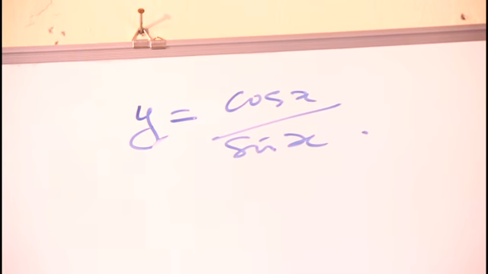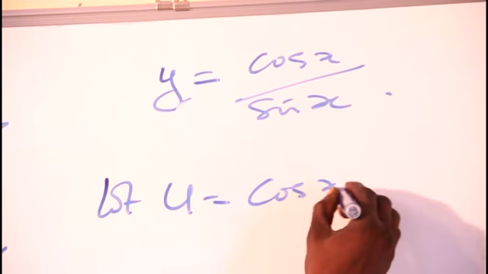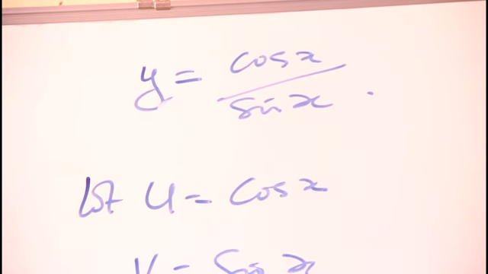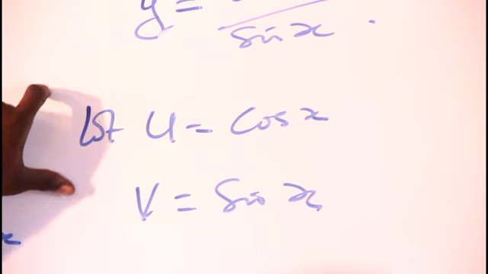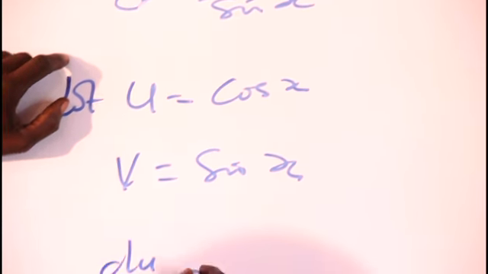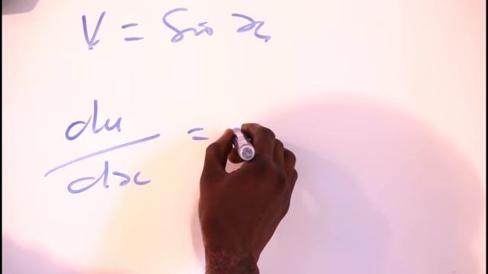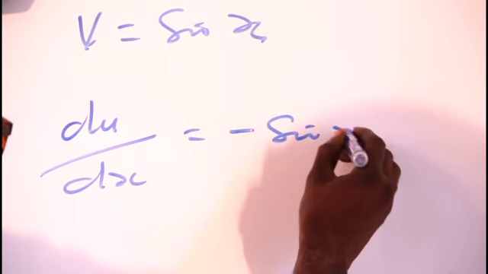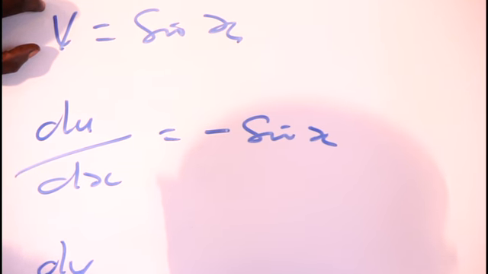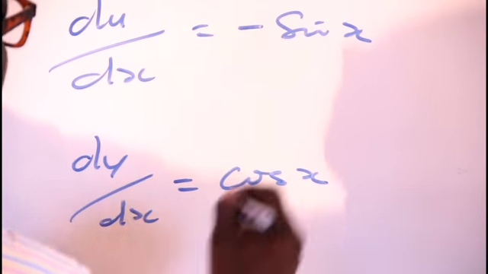So what we now do is say let u be equal to cos x and v be equal to sine x. Then if you find the derivative of the function u with respect to x, du over dx will be equal to minus sine x. Then the derivative of the function v with respect to x will be equal to cos x.